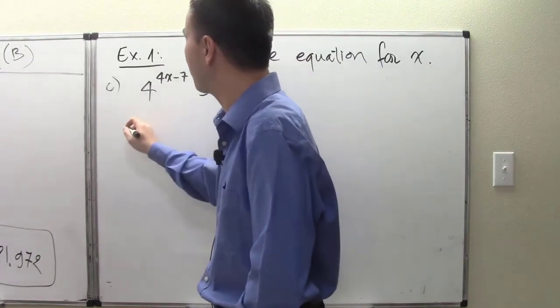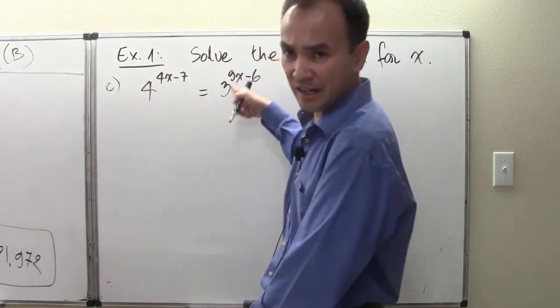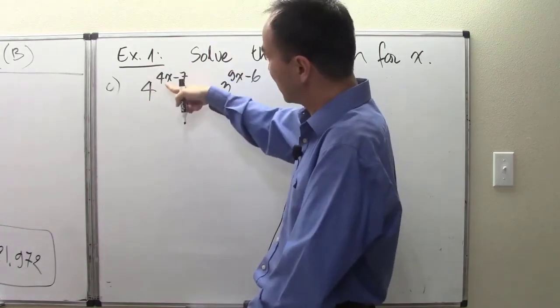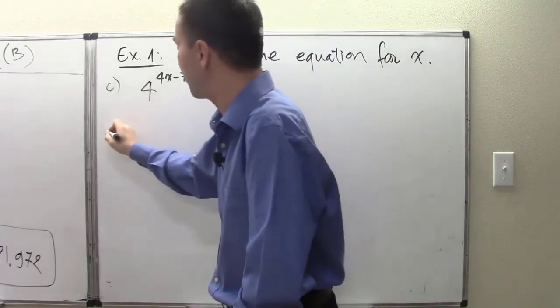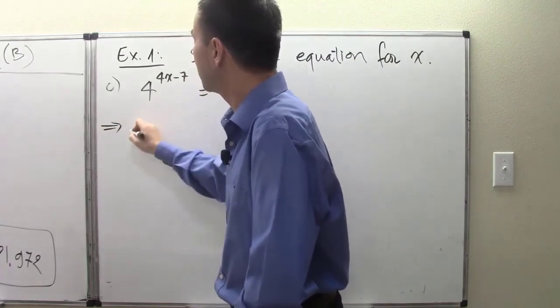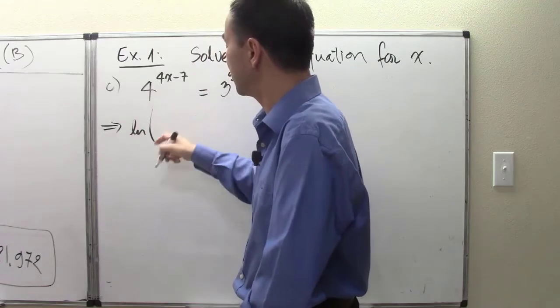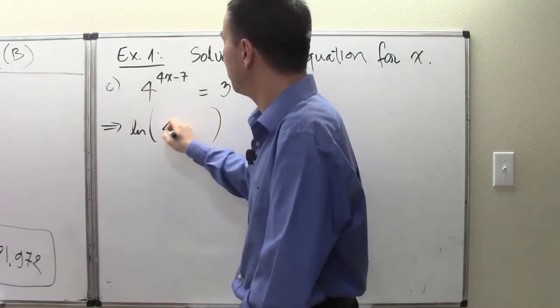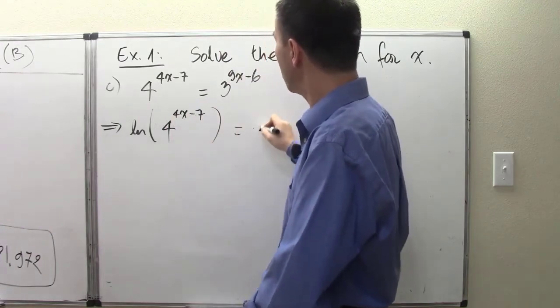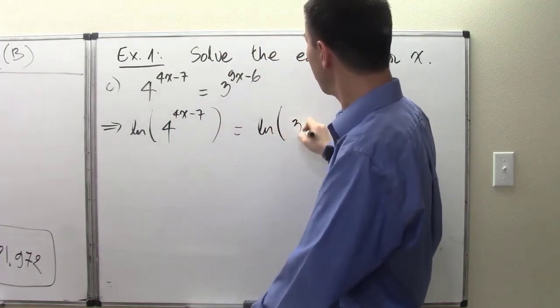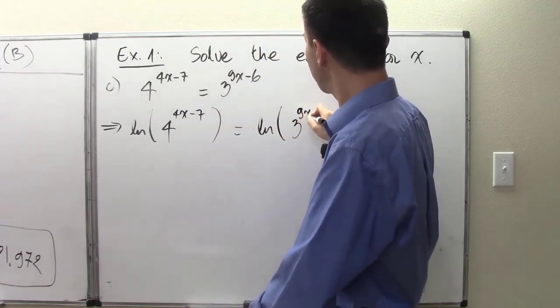So I'm going to apply it. If we have 4 to the 4x minus 7 equal to 3 to the 9x minus 6, then taking the natural log on the left-hand side, that's why I put parentheses, natural log of 4 to the 4x minus 7 will equal natural log of 3 to the 9x minus 6.